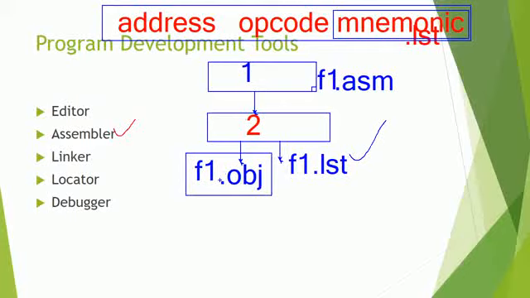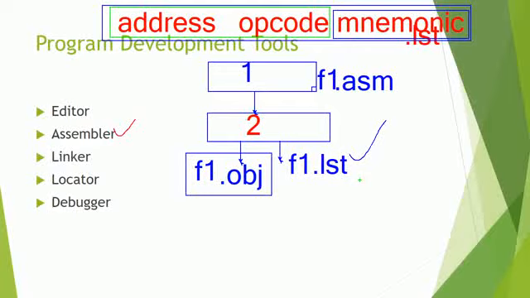And the .obj file contains only the address and the opcode. It is not listing out the mnemonic, but the .lst file shows the mnemonic, opcode as well as the addresses. That is the advantage of the .lst file.